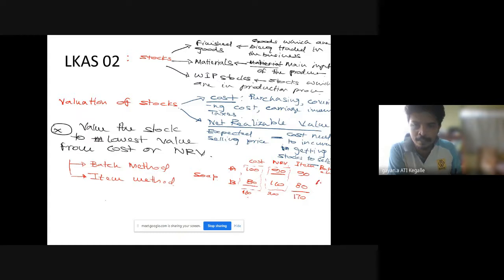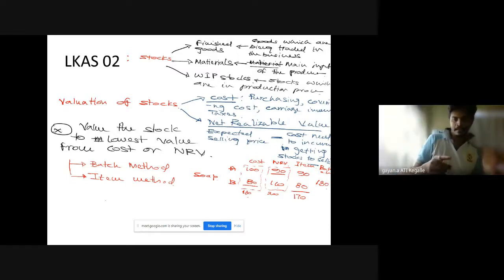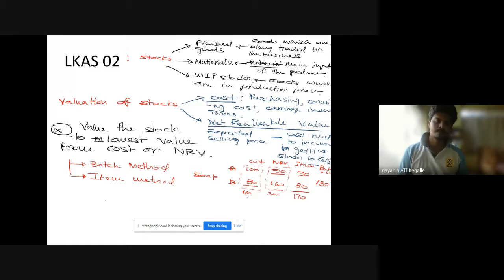Then according to the batch method, we should record 180. Item base එකෙන් ගියොත් එහෙම 170 අපි අඳුර ගන්න ඕනේ. පිරිවැය හෝ සුද්ධ උපලබ්ධියෙන් අඩුවගේ අඳුරගත්තේ. Batch method එකෙන් ගියොත් එහෙම 180. Okay. This one is also available in the LKAS 2. ඔයාලා LKAS 2 කියවන්න. LKAS 2 එකේ සාරාංශය තමයි මම මේ කියන්නේ.